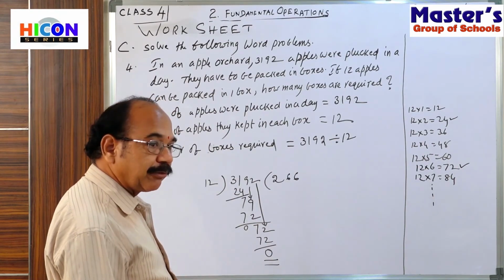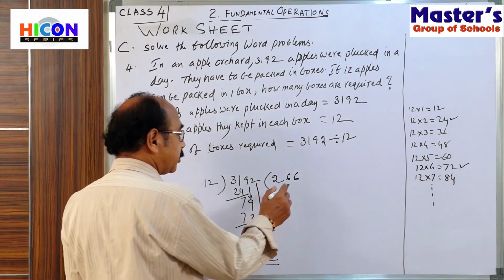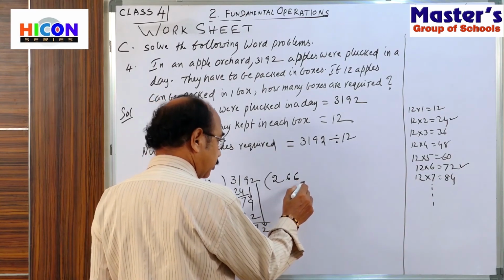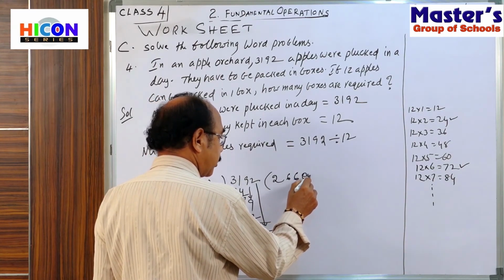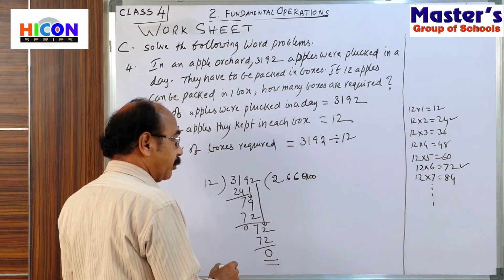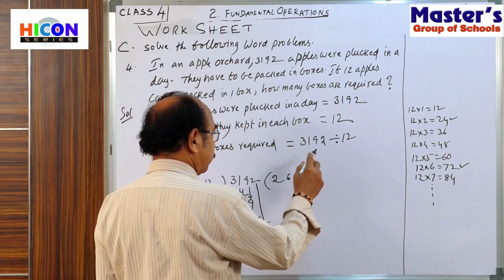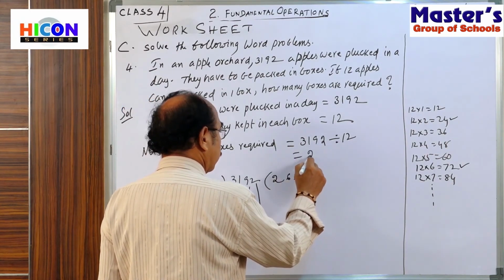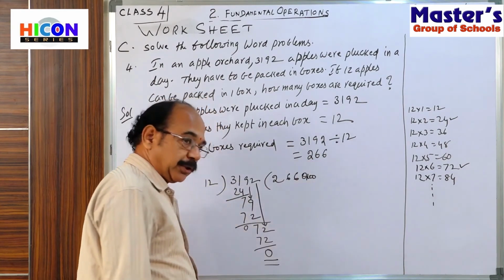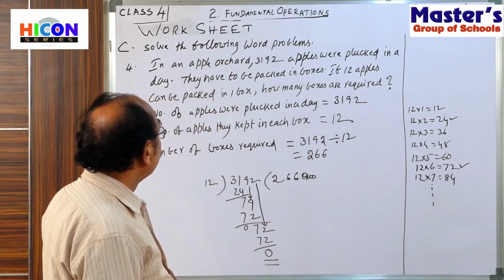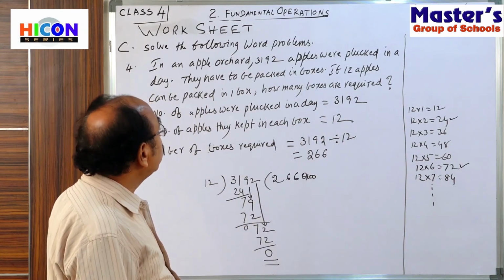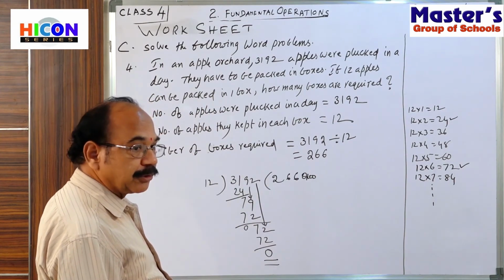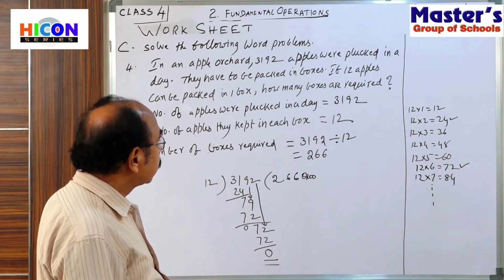How many boxes are required? You say 266 boxes. Okay, this is the answer. 266 boxes are needed to keep 3,192 apples.